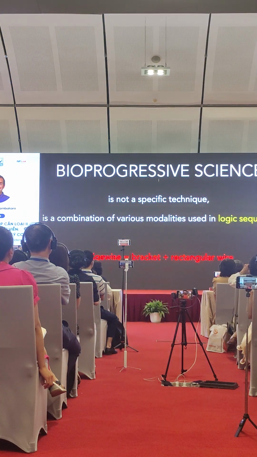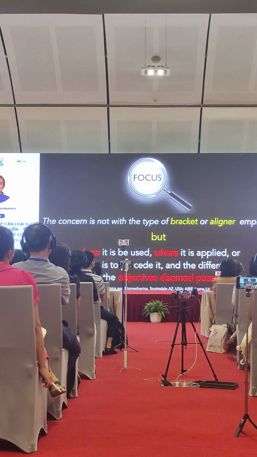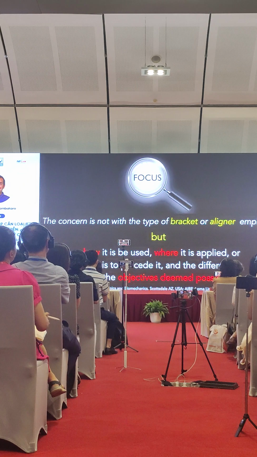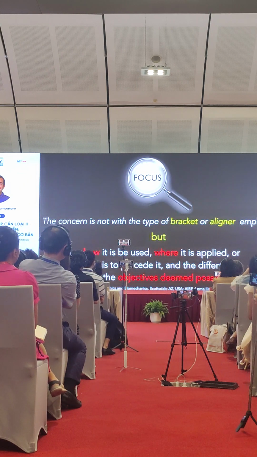Everybody uses aligners or brackets and wires. The concern is not with the type of bracket or aligner employed, but how it is used, where it is applied, what is to precede it, and the differences in the objective deemed possible.